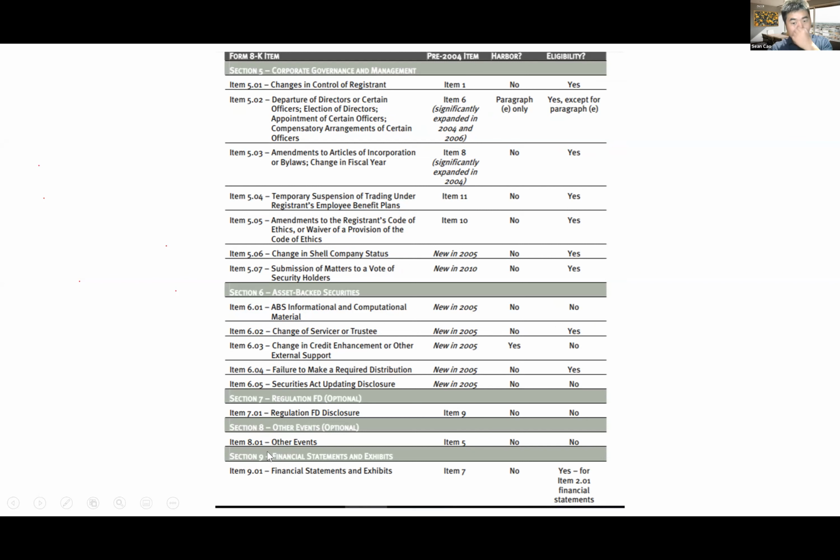So that's the rule for 7.01 and 8.01. What's the difference between 7.01 and 8.01? The difference is if the company disclosed the news on their website or at some other event, they have to disclose the news again in 7.01. Sometimes the news was disclosed in a CEO's conversation, sometimes on the website, sometimes in a TV interview.